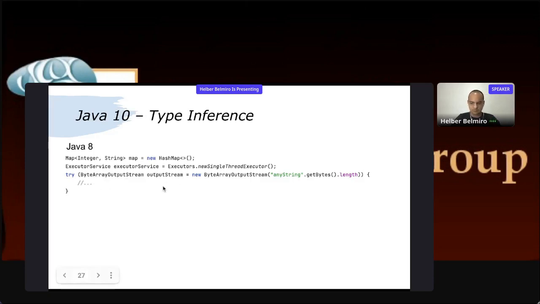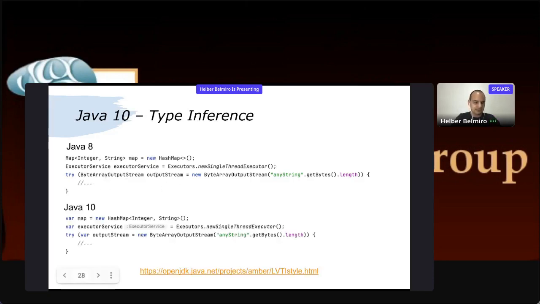So with type inference we can just put the keyword var in front of our variables, and the compiler infers the type of the variable. So we don't have to declare its type, and it's much cleaner and easier to write.